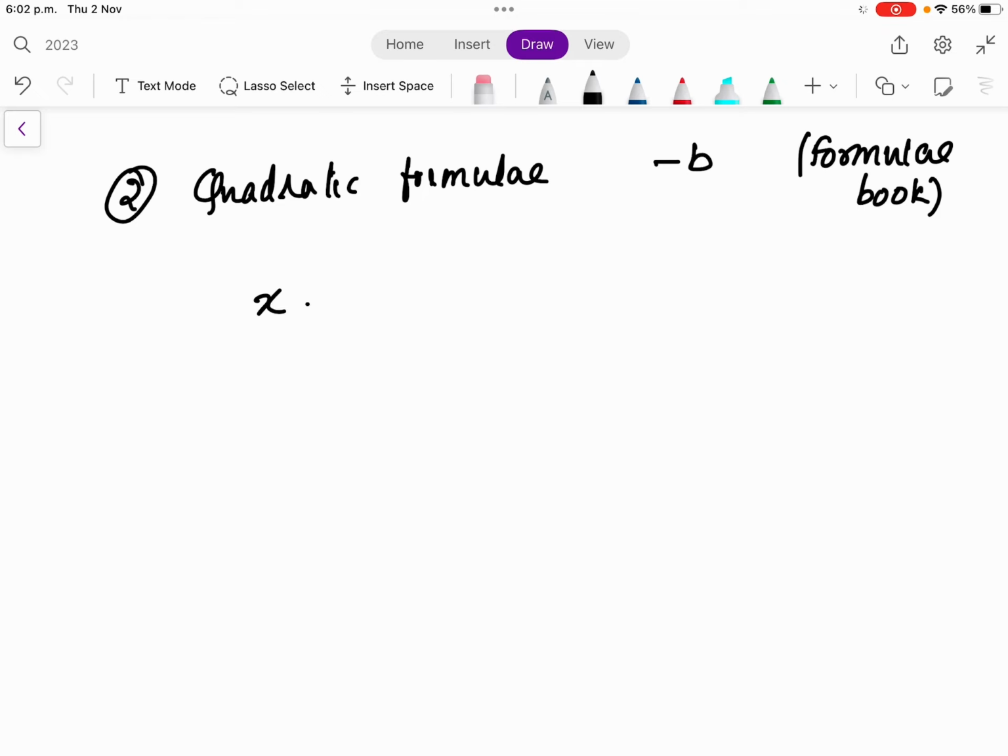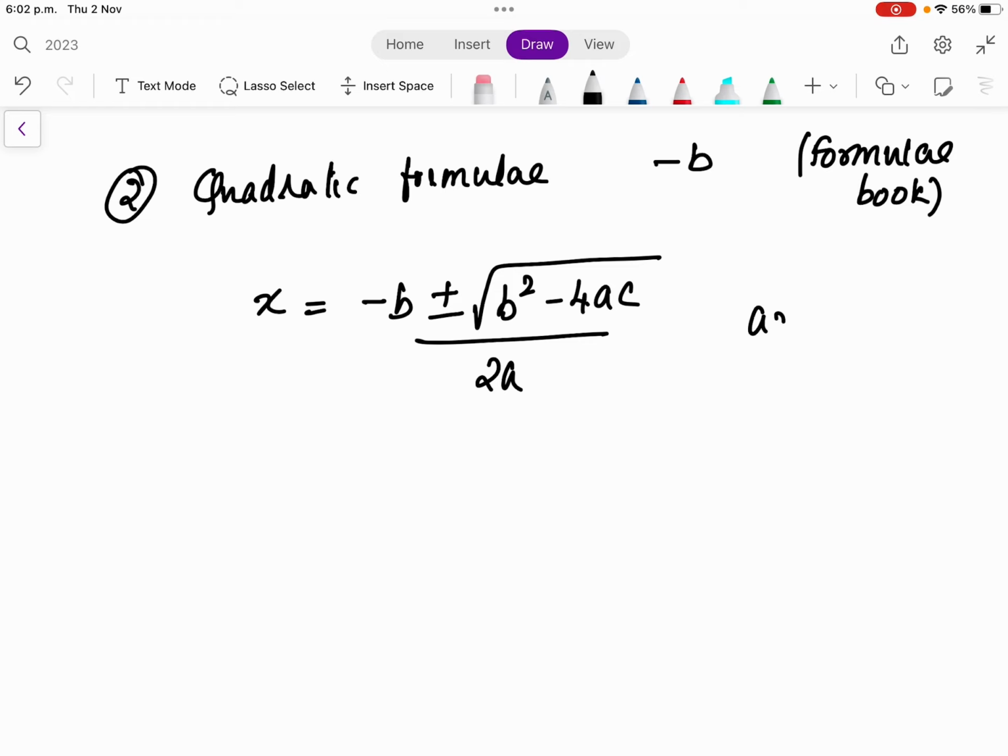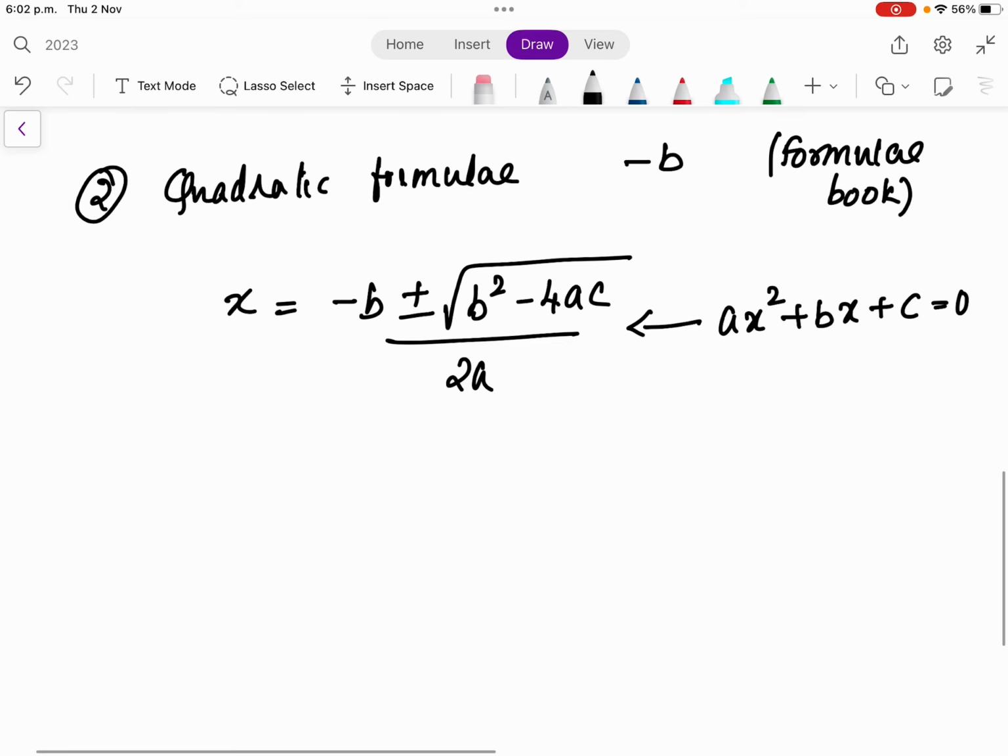The formula says x is equal to minus b plus or minus square root of b square minus 4ac over 2a. The a, b and c come from a quadratic equation of the type ax square plus bx plus c is equal to 0. This is the formula with which we can find the values. Let's take an example.